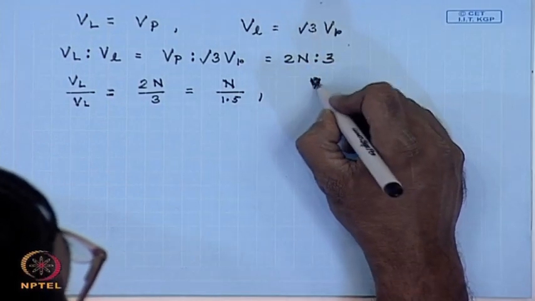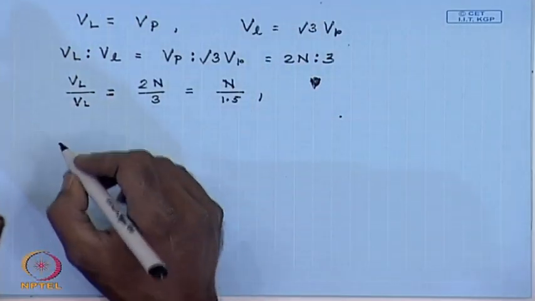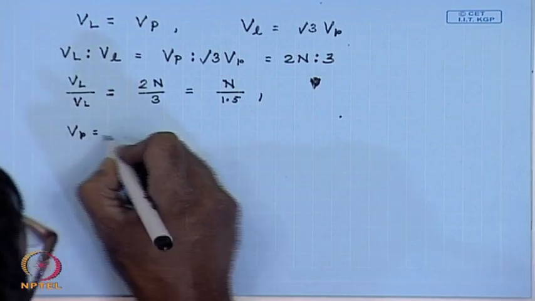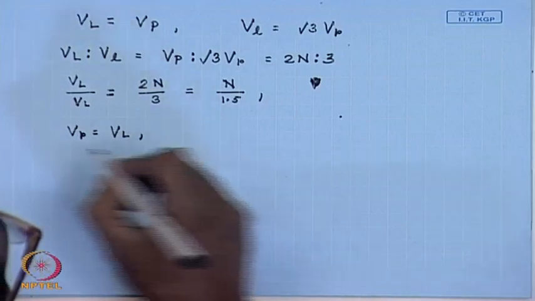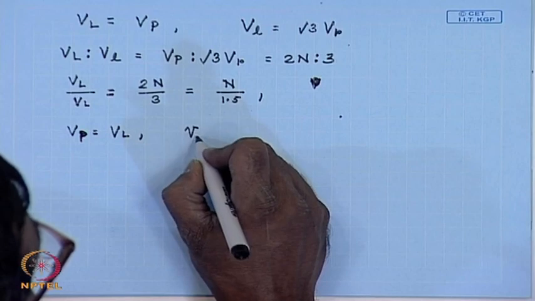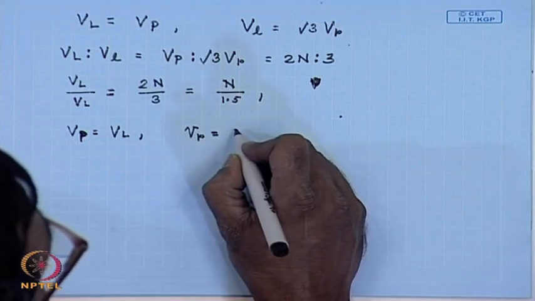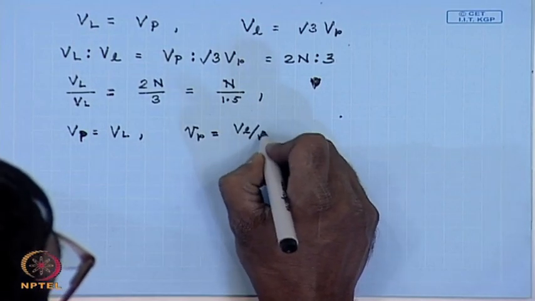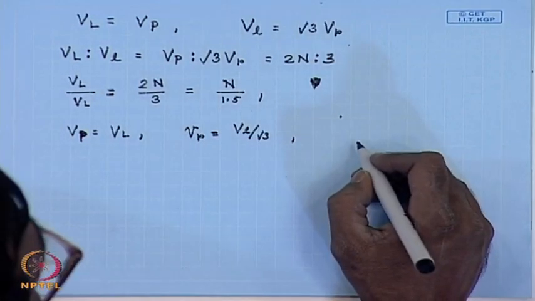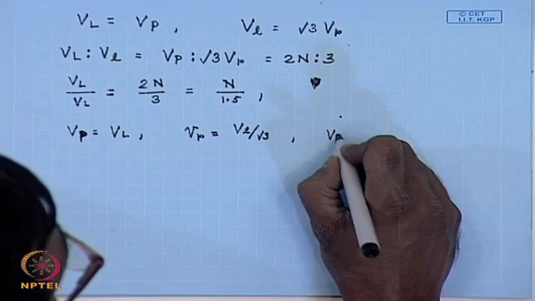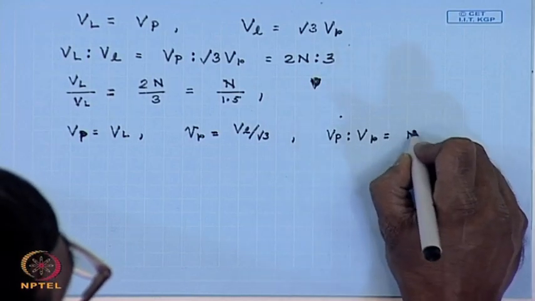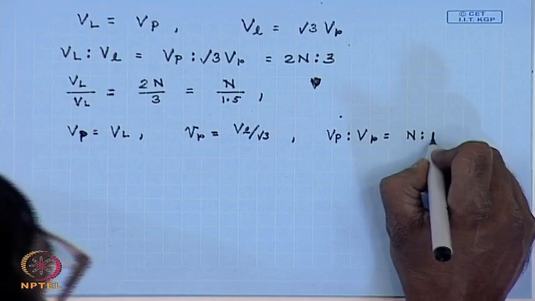For example, for a delta star connection, the V_P equal to V_L on the delta side. On the star side, V_P equal to V_L by root 3. For a delta star connection, V_P to v_p would have been equal to n is to 1.